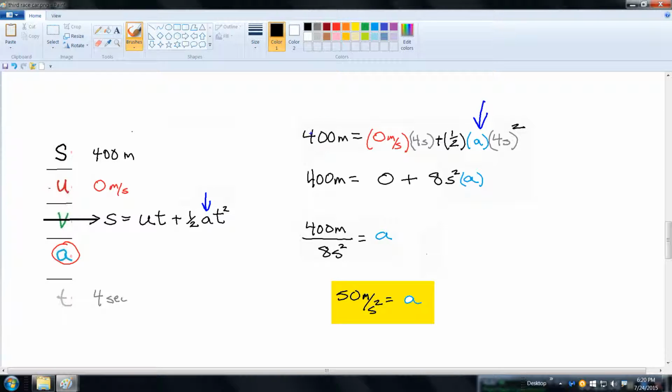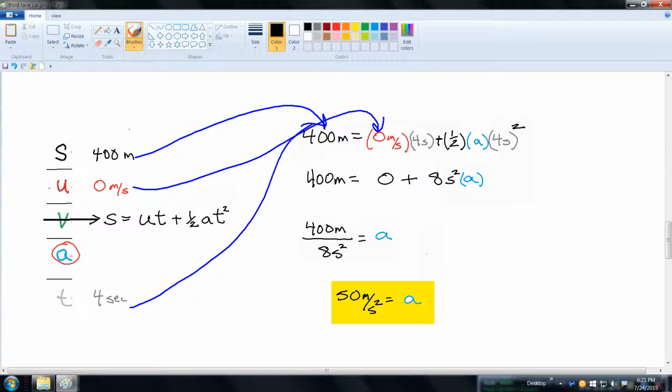So we've got our 400 meters here. We've got our 0 there. We've got our 4 seconds there and there. So we end up with 8 seconds squared times a plus 0 equals 400 meters.